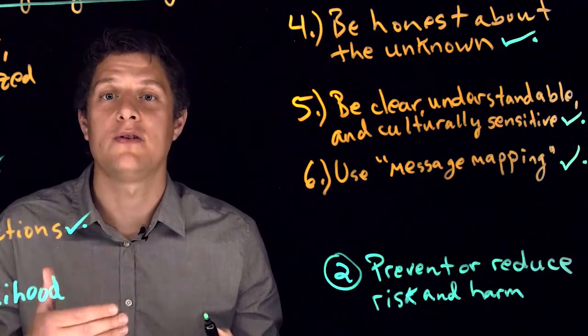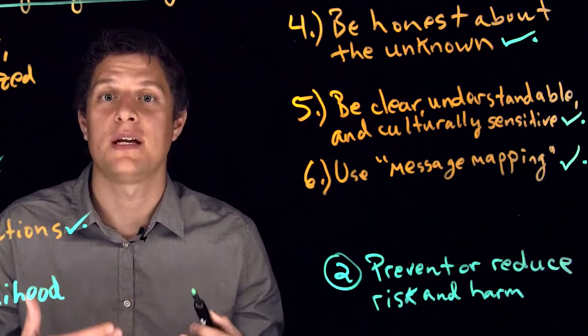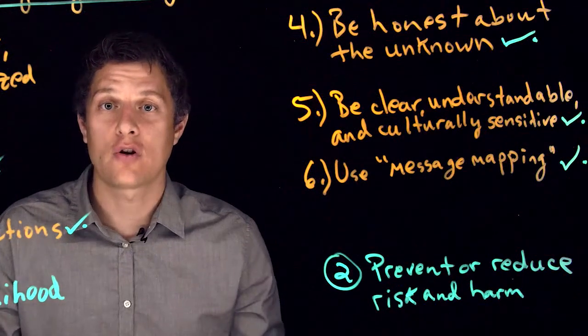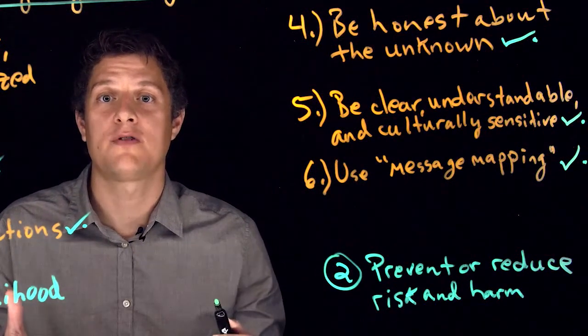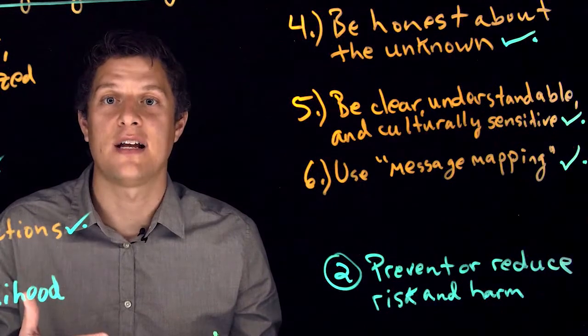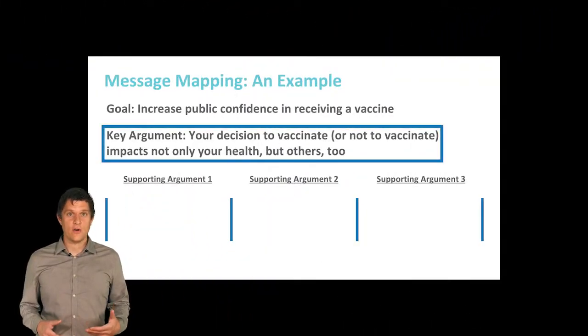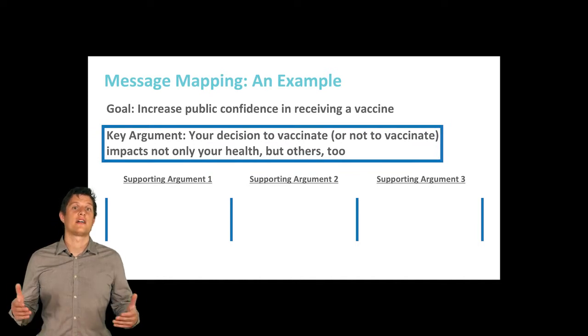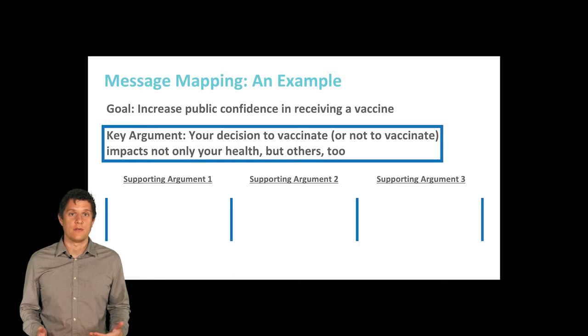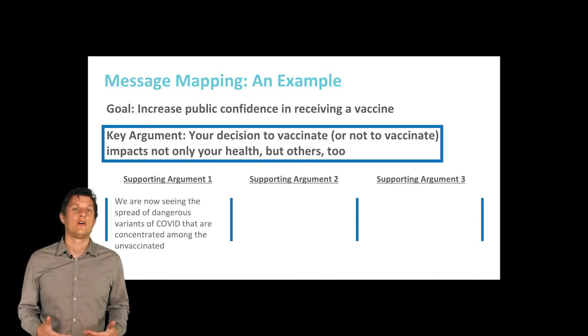Message maps can be used to provide context for the issue being mapped. For example, your goal may be to make people more comfortable with the idea of getting vaccinated. Your key point may say, your decision to get or not get vaccinated affects not only your health, but the health of everyone around you. Your first supporting argument could be, we now have COVID-19 variants, and they are spread by those who are unvaccinated.